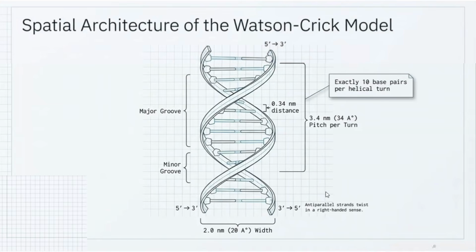Then DNA is also antiparallel, so it is in opposite directions, 5' to 3' and 3' to 5'. In addition, there's base pairing which allows it to be complementary. So the base pairs are complementary.